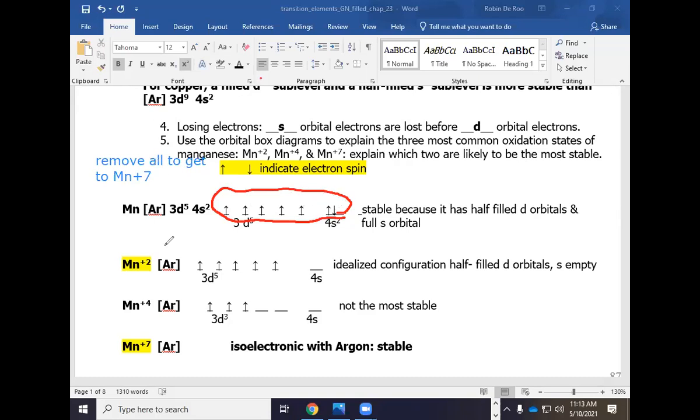We need to remove all of them. And then we get this, which is isoelectronic with argon. That is a word used in Chem 111A. It means it has the same electron configuration as argon.